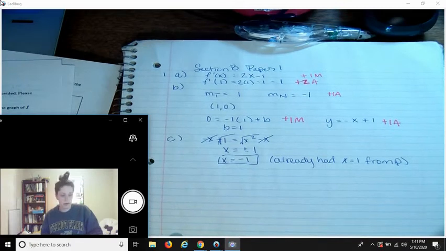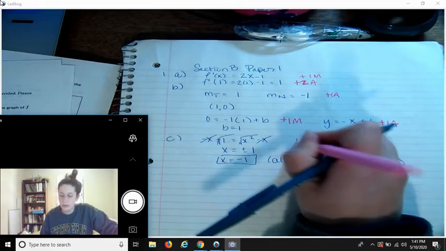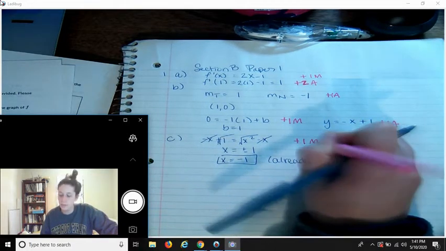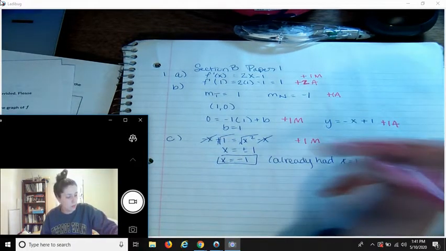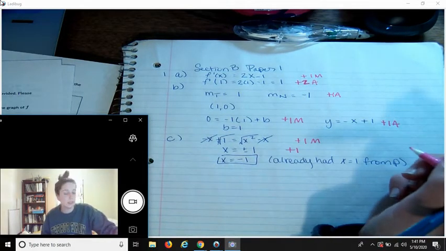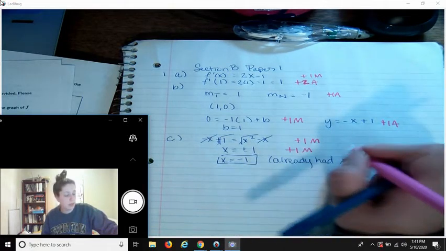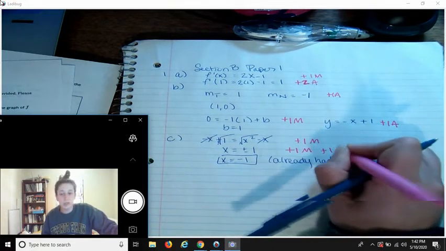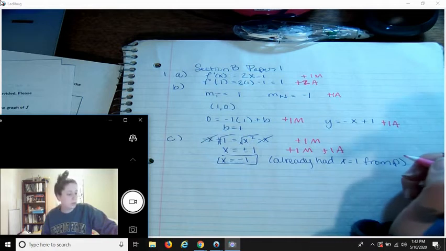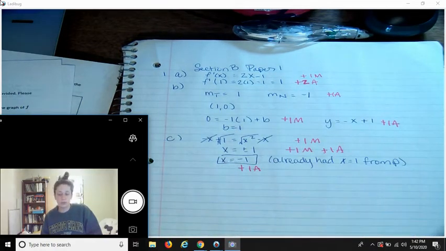So for C, it was a total of 4 marks. You get plus 1 for the method, setting it up. You could have also factored this, like subtracted 1 from both sides and then factored, that would be fine. Any method really, plus 1 for the method, plus 1 for getting plus or minus 1, and then plus 1 for actually choosing the -1. So that should be all 4 of your marks for part C.